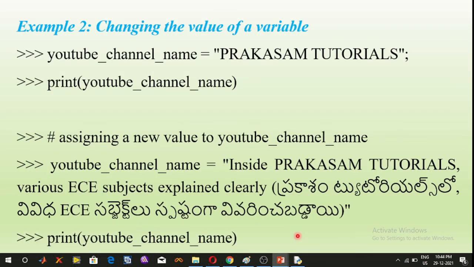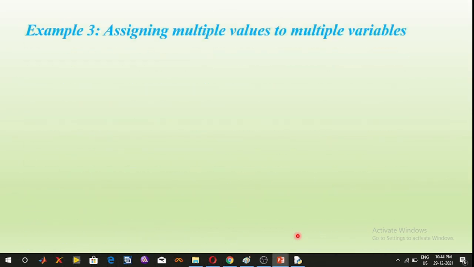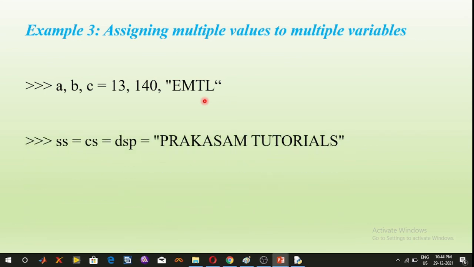And the third example is assigning multiple values to multiple variables. Suppose, for example, at the Python prompt, a comma b comma c is equal to 13, 140, and emtl, which is a string written within the double quotation marks.